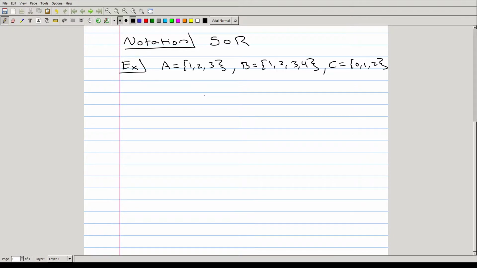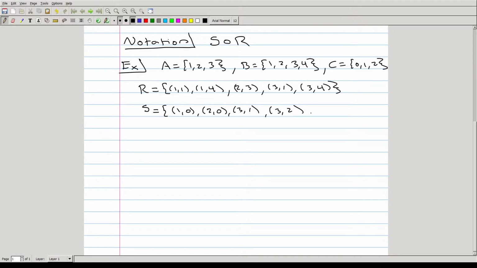And now consider the relation R to be (1,1), (1,4), (2,3), (3,1), and (3,4), and consider the relation S to be (1,0), (2,0), (3,1), (3,2), and (4,1).